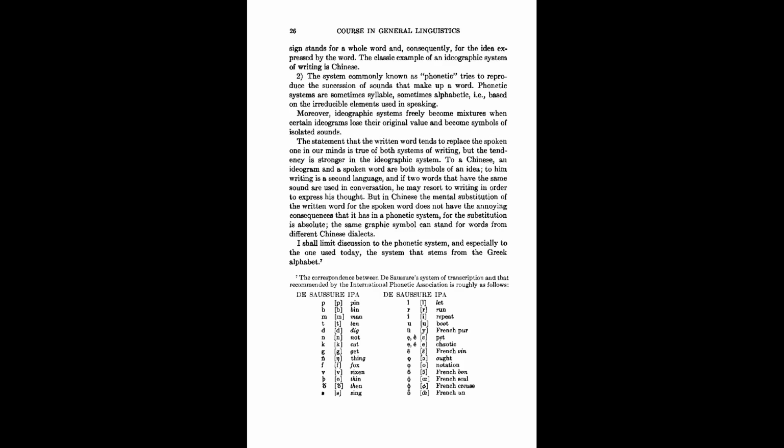The result is that a point is reached where writing no longer corresponds to what it is supposed to record. A transcription that is accurate at a particular moment will be absurd a century later. For a time, people may change their graphic symbols to conform with changes in pronunciation, then relinquish the effort.